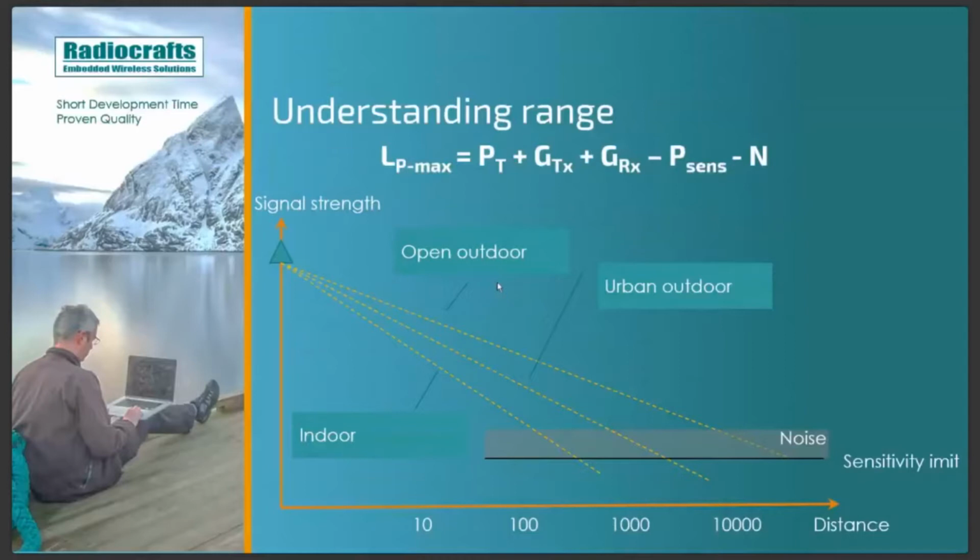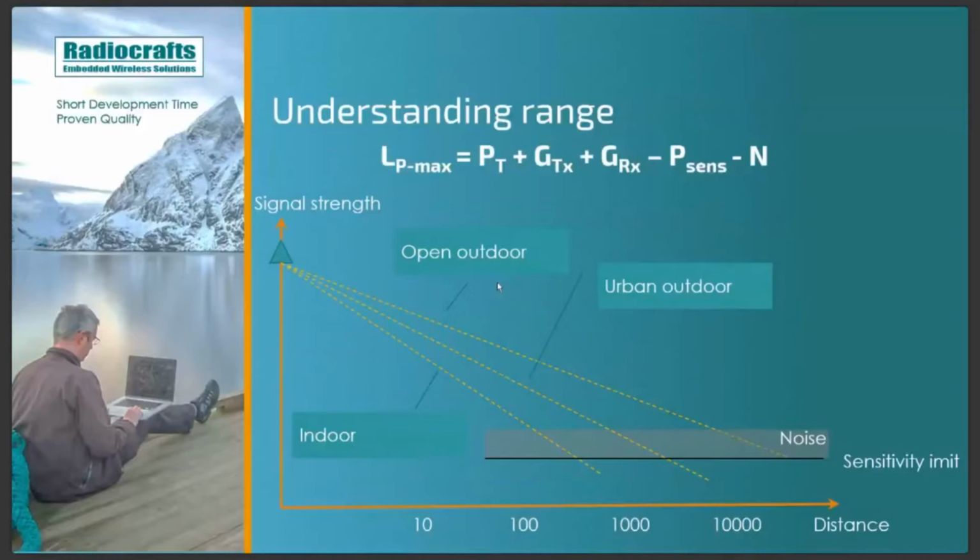The three diagonal dashed lines show the loss as a function of distance. And as you see, the sensitivity level is the black line at the bottom. In an open outdoor environment with line of sight, the signal can go very far, above 10,000 meters in this case.